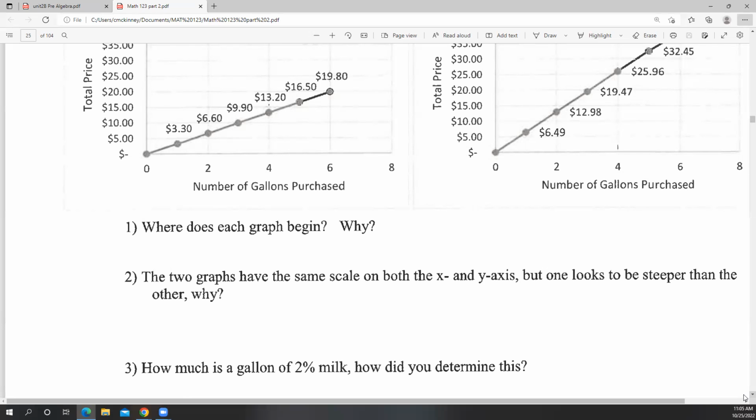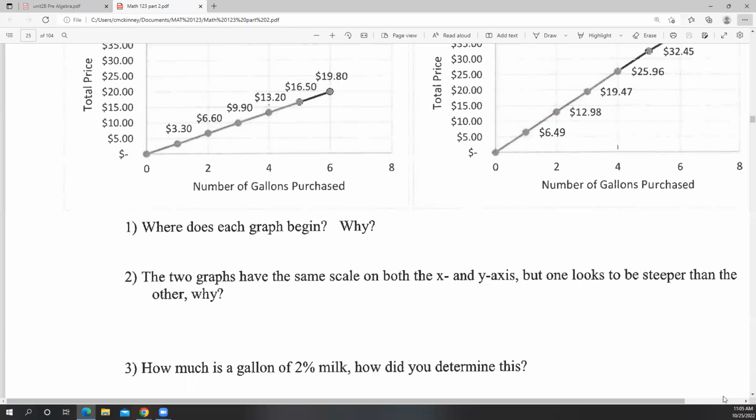Now, because this is going through 0, 0, we can just divide. But if it weren't going through 0, 0, what if we were buying gallons of milk and 1 loaf of bread? Then it would not be at 0, 0, right? For 0 gallons of milk, we'd still have the cost of a loaf of bread. Then we'd have to actually use 2 points. Like it says at the bottom, you could find how much the Y changes and how much the X changes.